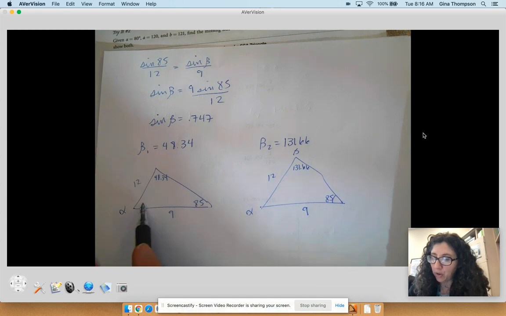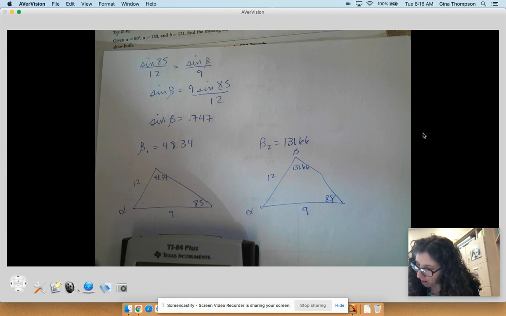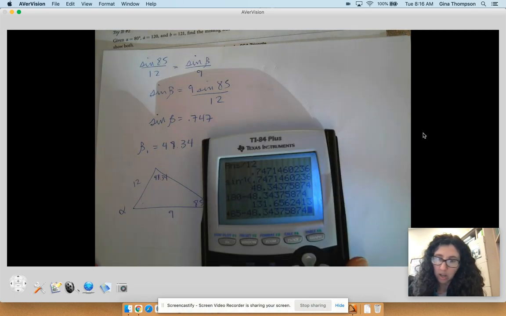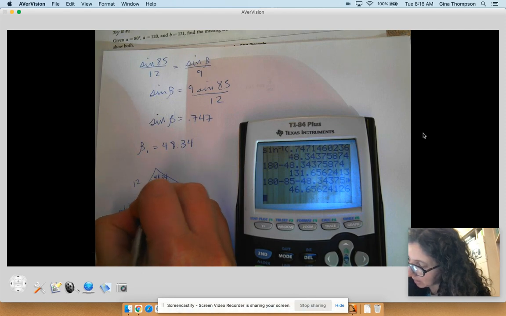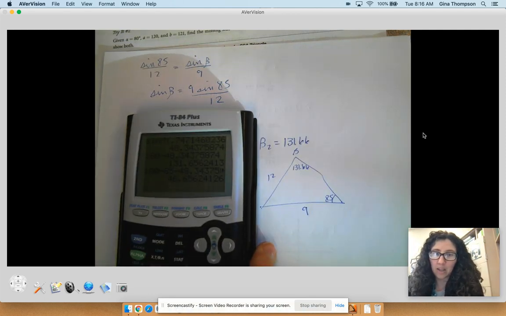Now I want to find my third angle. In this case, I'll just say 180 minus 85 minus 48.34, and I get 46.65. That looks cool.